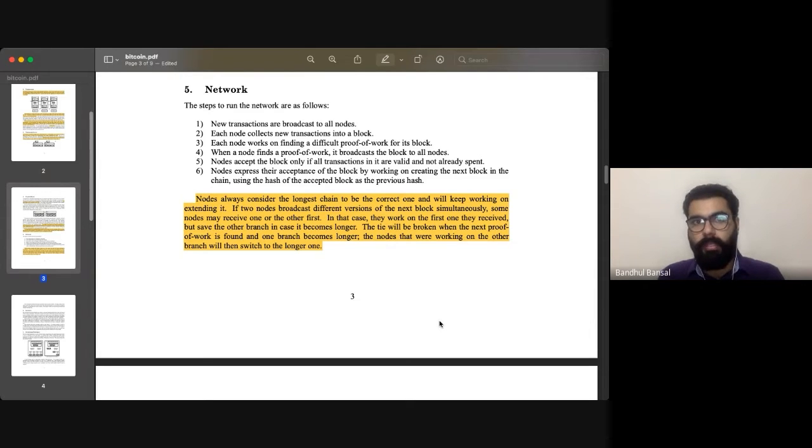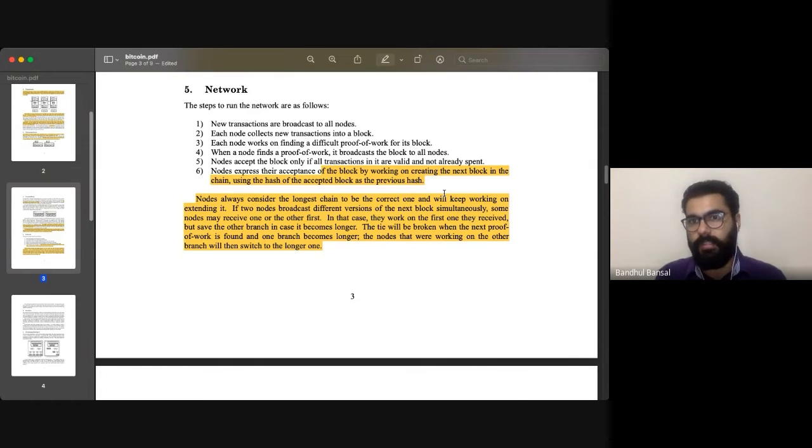Now, if the remaining nodes accept the block and verify that all the transactions are valid and not already spent, they insert it into the chain. So this is how the double spending problem that we discussed in the previous videos is resolved. And the nodes express their acceptance of the block by working on creating the next block in the chain, using the hash of the accepted block as the previous hash.